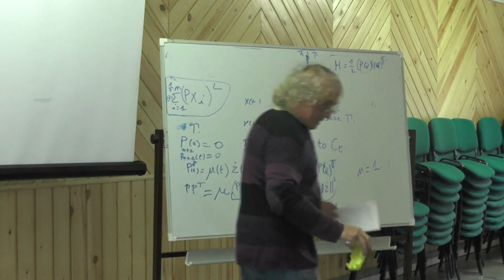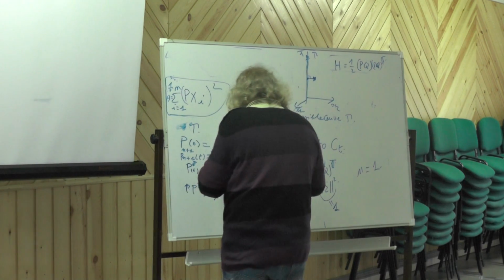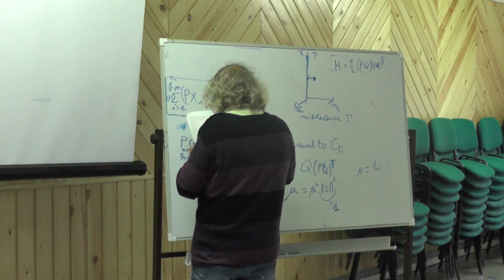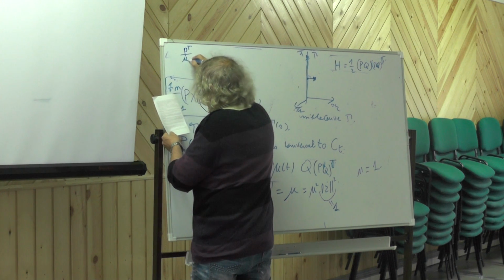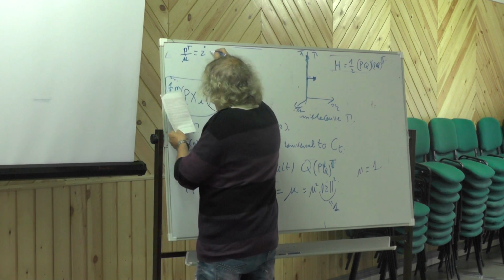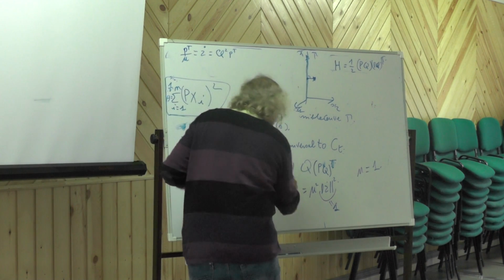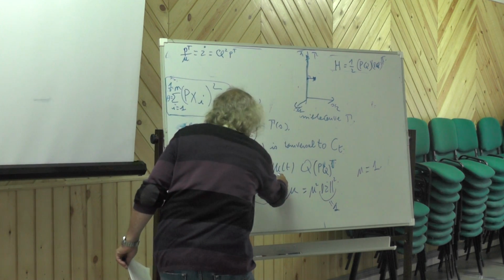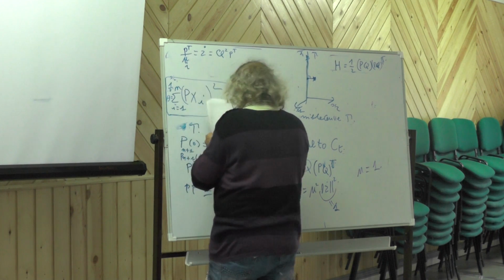And now it is almost finished, because we have the following. P transpose over mu is equal to z dot, which is equal to Q square P transpose, because Q is symmetric. Now this mu is equal to 1. Okay? So this is P transpose.